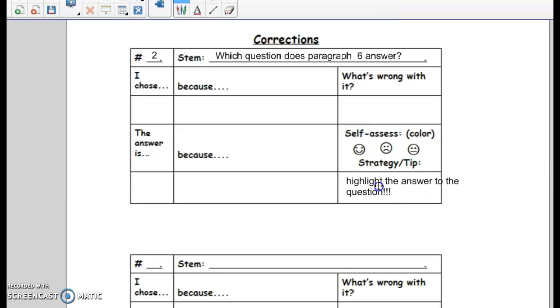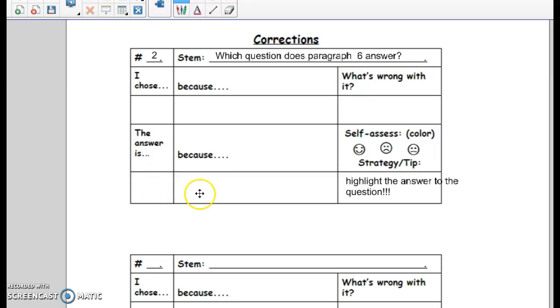Okay, so you need to look back at your score sheet and figure out what you chose and why and what was wrong with it. Most of you probably chose B because you saw the word updraft. It's wrong because it doesn't tell us whether or not Ella and Uncle Ray caught an updraft. It just says Uncle Ray sometimes catches an updraft.